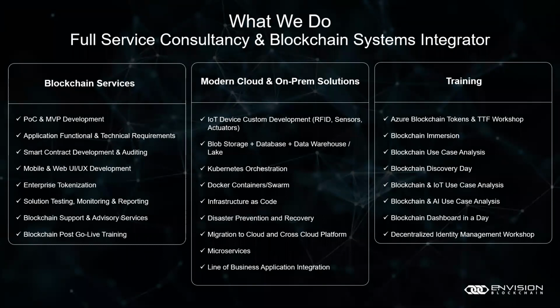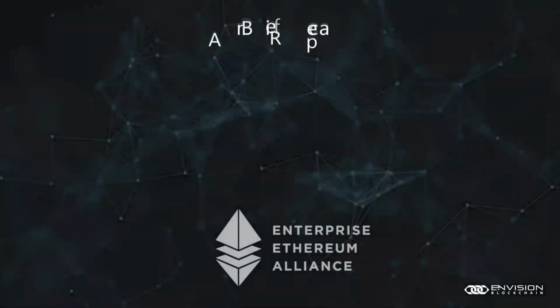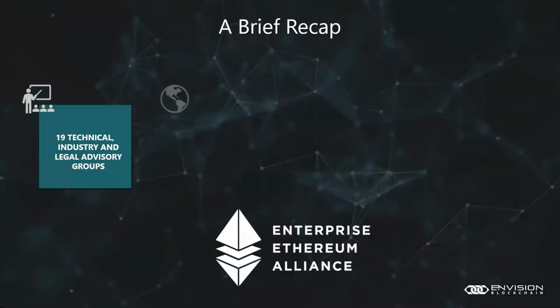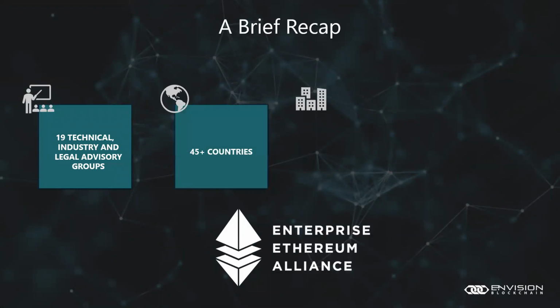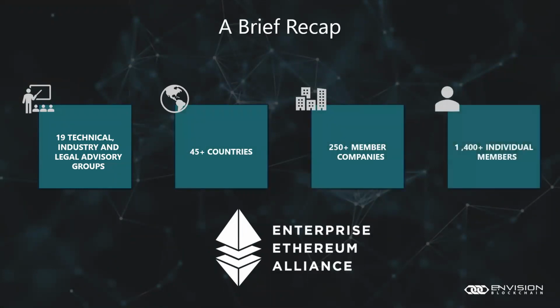But before we really dive deep into Azure Blockchain Tokens and the TTF, let's first do a little housekeeping and backtrack, a little recap as to what the Token Taxonomy Initiative is, and the fact that the Enterprise Ethereum Alliance, a neutral party, which is a global member-driven organization, has initiated and has really made a nice impact amongst the enterprise community in helping drive standards.